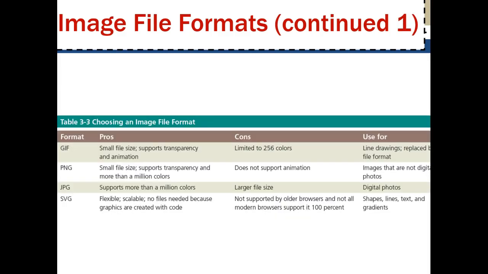And then we have the SVG, which stands for Scalable Vector Graphics. This is a format that uses markup language to create two-dimensional graphics and animation. So SVG is also used for animation. It is a royalty-free graphic format that has been developed by W3C.